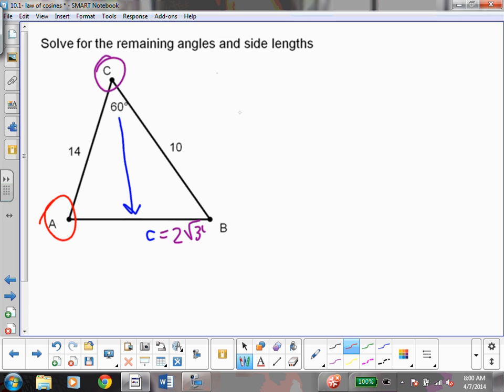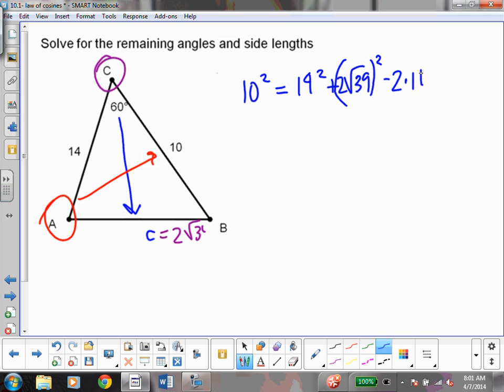I'll find angle A. So I have a squared, which I know is 10 squared, that has to be on the side by itself because angle A is the angle I'm trying to find, equals 14 squared plus 2 times the square root of 39 squared minus 2 times 14 times 2 root 39 times the cosine of angle A.